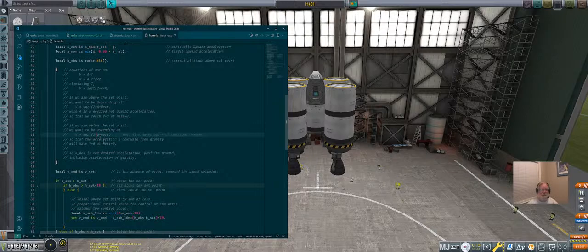So those are my two equations, and I have separated them because I may not be able to thrust to get a net acceleration upwards of 1g. That would be kind of cool, but you may have a lower TWR. So that's what this handles.